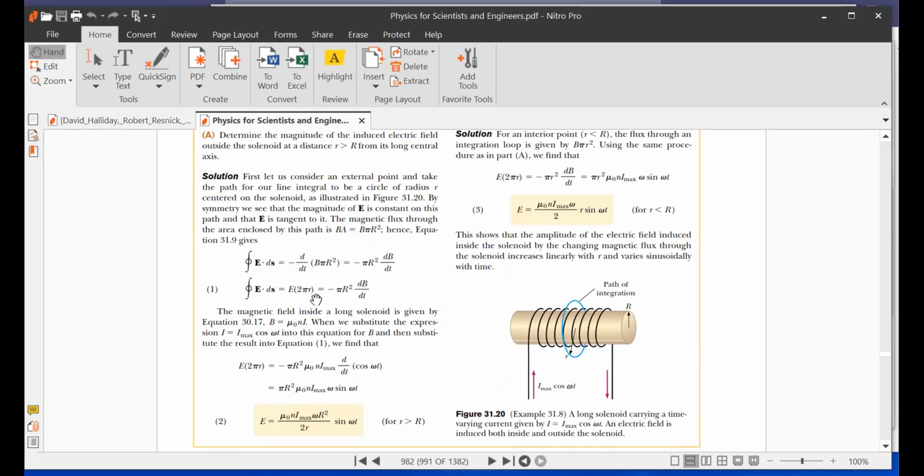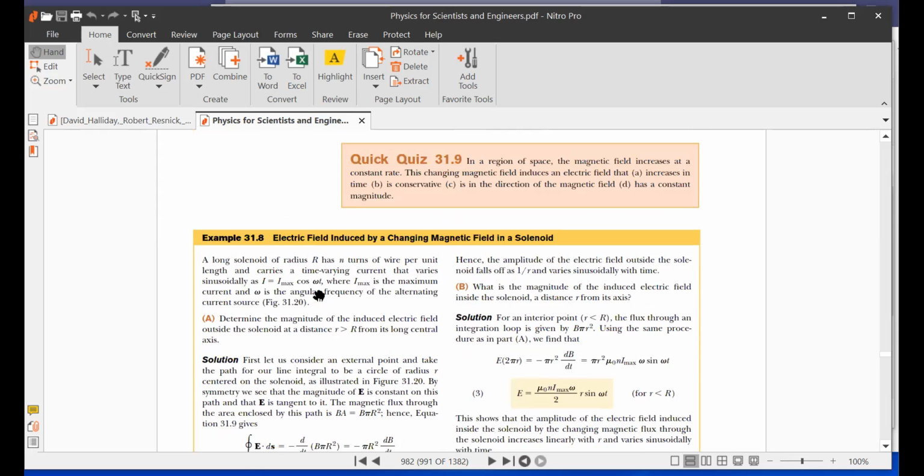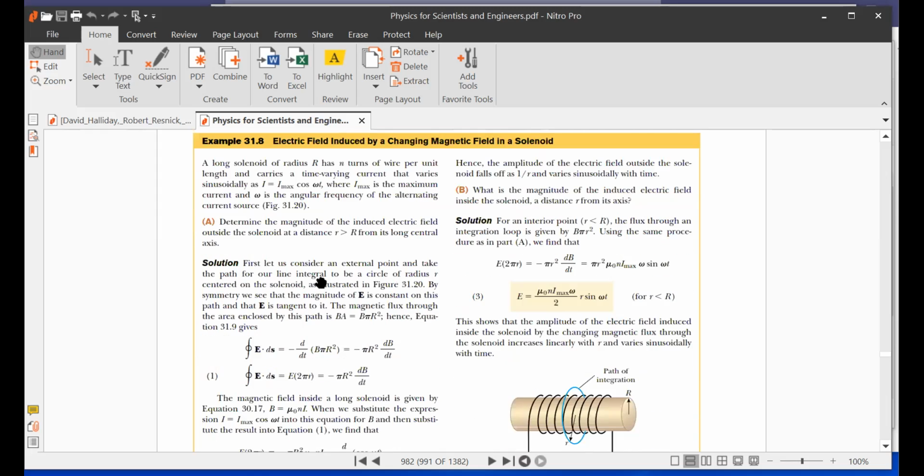You know that B in an ideal solenoid is, do you remember, μ0 times n times I. Because I depends on time, as you see from this one, B also depends on time.